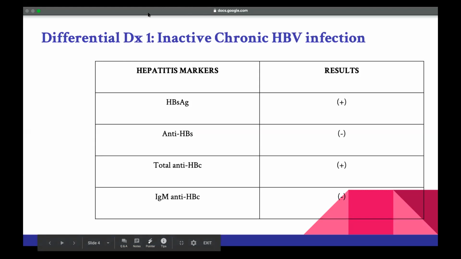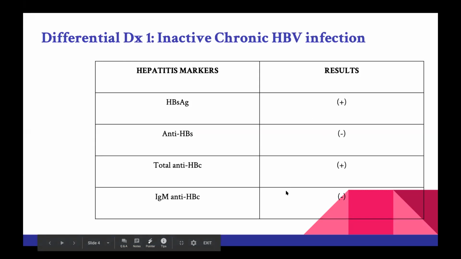Good afternoon, everyone. For the first differential diagnosis, we considered inactive chronic HBV infection. First on the screen, we have a positive HBs antigen and a negative anti-HBs antibody, which means the body was not able to produce anti-HBs antibodies.